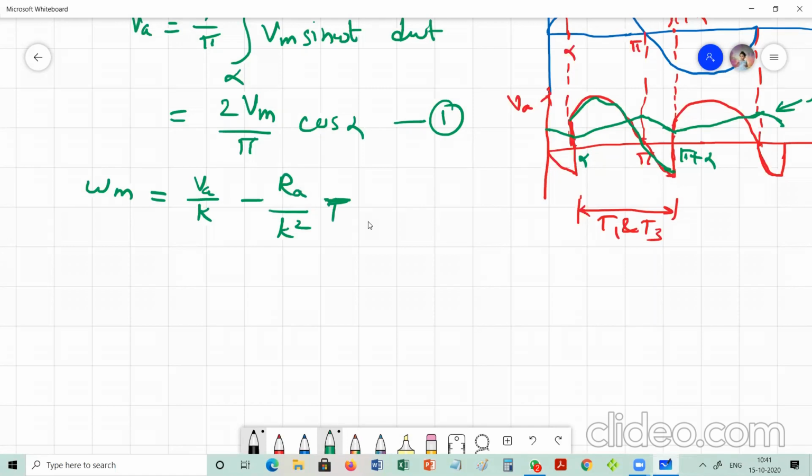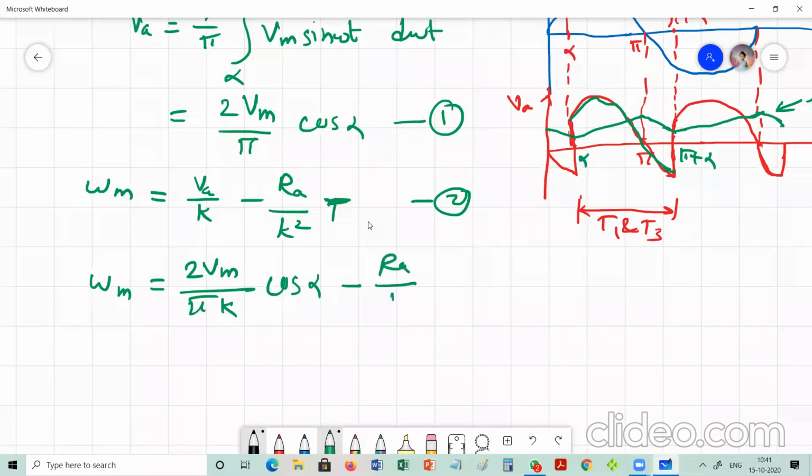When the value of VA from equation 1 is put in equation 2, we get the equation of speed: omega m is equal to 2Vm by pi K into cos alpha minus RA by K square into T, equation number 3. This is the equation for speed in continuous conduction mode.